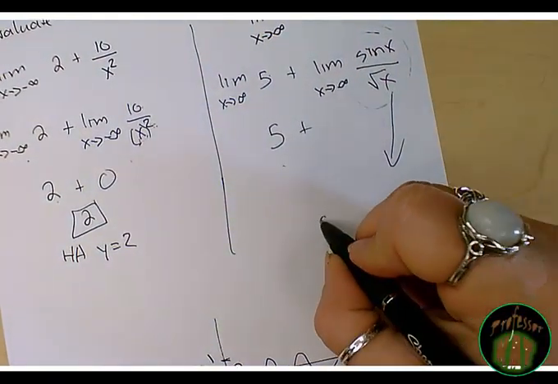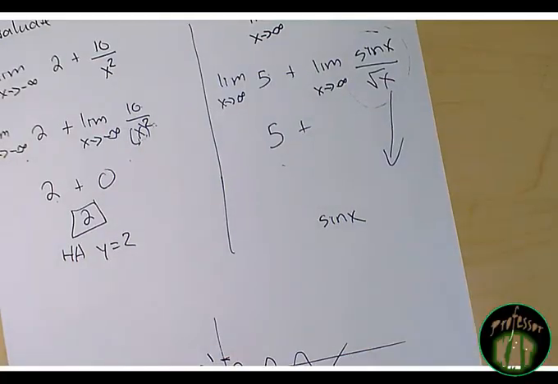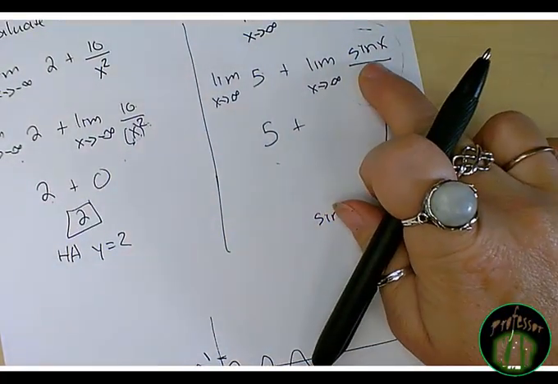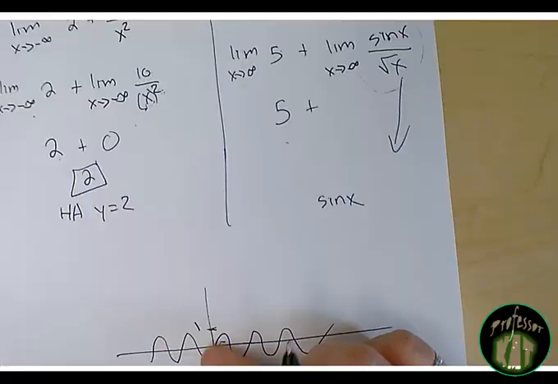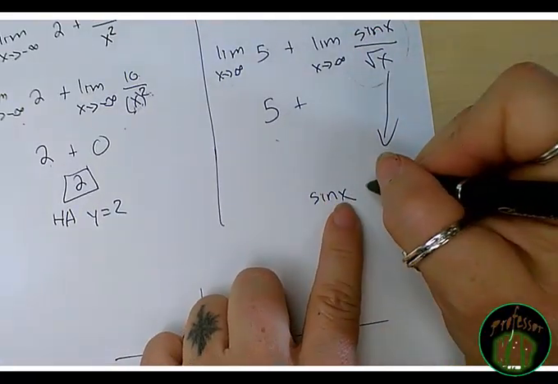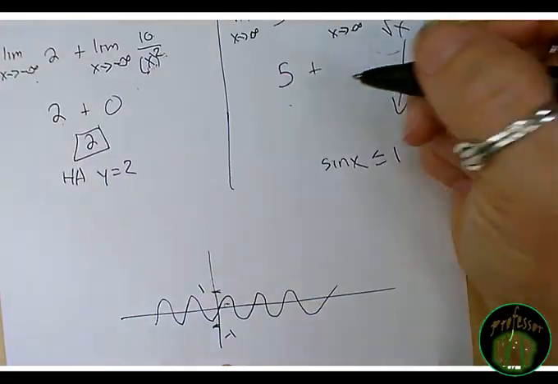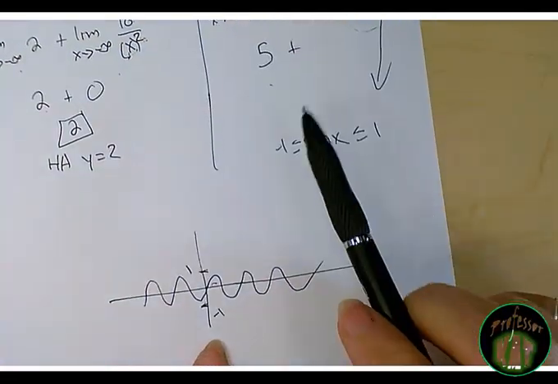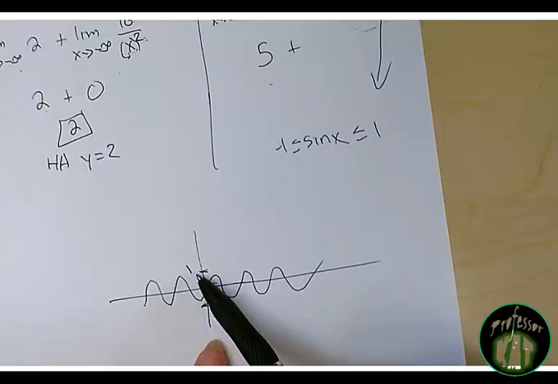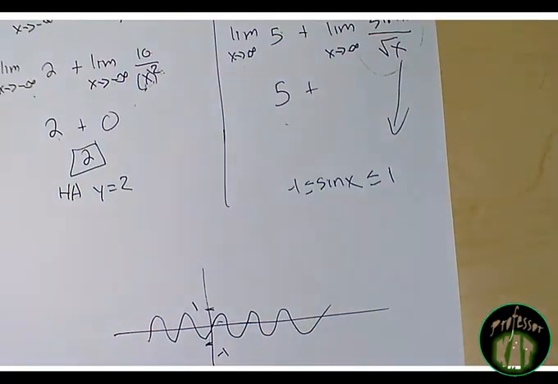What we're going to do is say that sine x oscillates between positive 1 and negative 1. So sine x will always be less than 1, but greater than negative 1. We know sine is between negative 1 and positive 1, so we're making this statement.